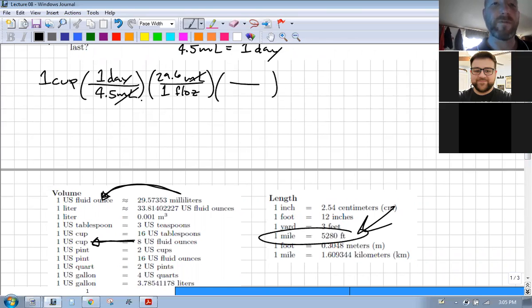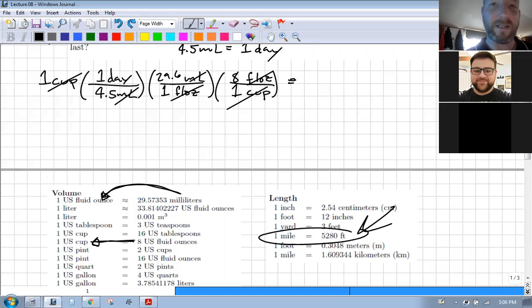So we go from milliliters to fluid ounces and get rid of fluid ounces in favor of cups. We're left with days. So now we just have to do our arithmetic. 29.6 times 8 divided by 4.5.